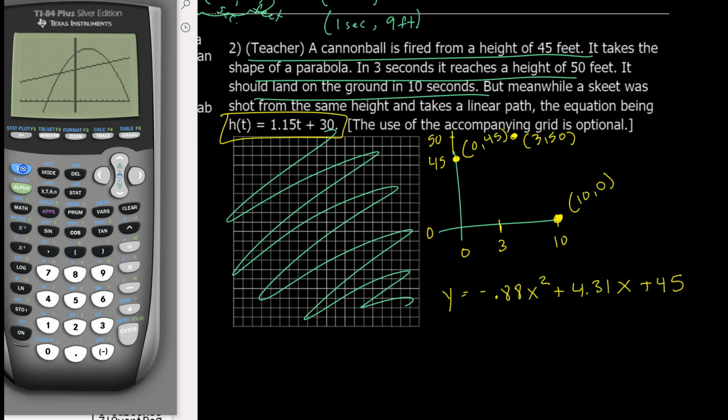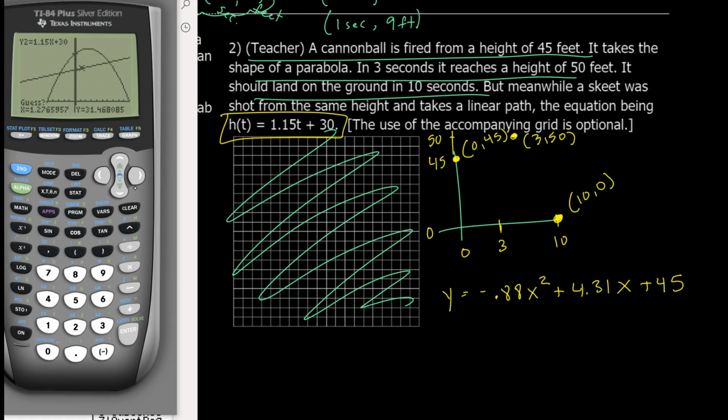So, how do I find that positive intersection point? Second trace, then what? Intersect. Good. Then what do you hit next? Enter, enter, and then? No, no. Do you hit enter 3 times?